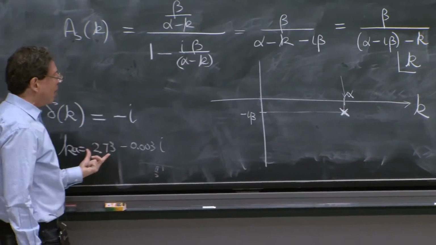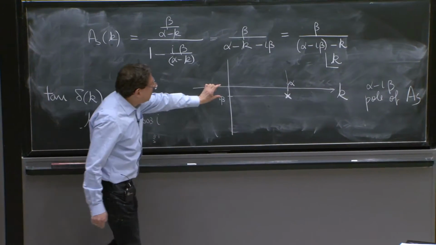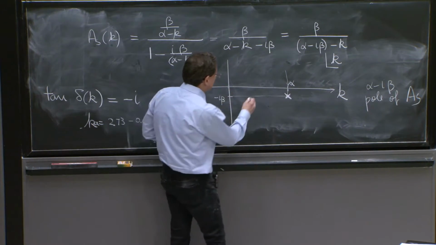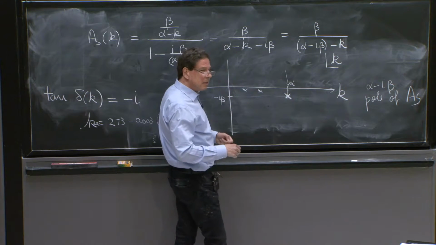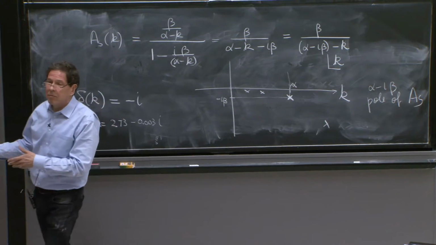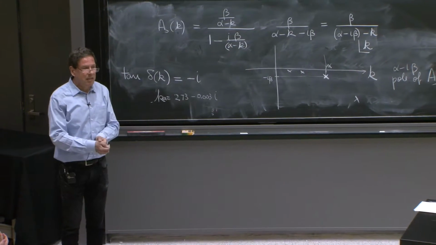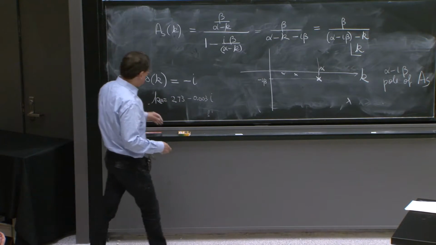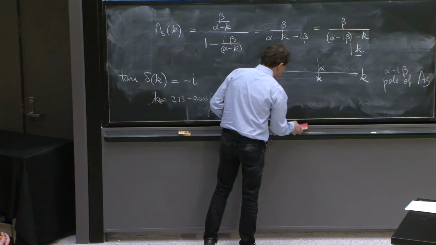And the real part is the value of alpha. And since this is beta, the closer to the axis you find it, the more resonant it is. And by the time it's far from the axis, some people call it a resonance, and people say, no, that's not a resonance. It's a matter of taste. But there are important things, which are these poles.